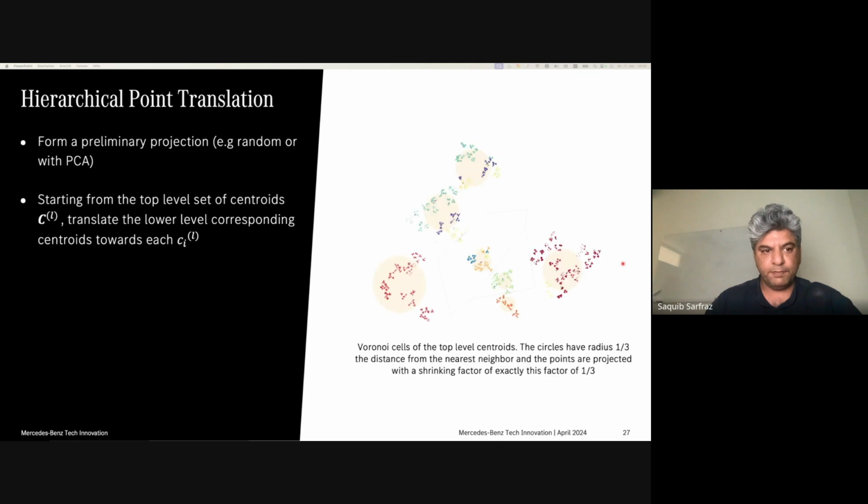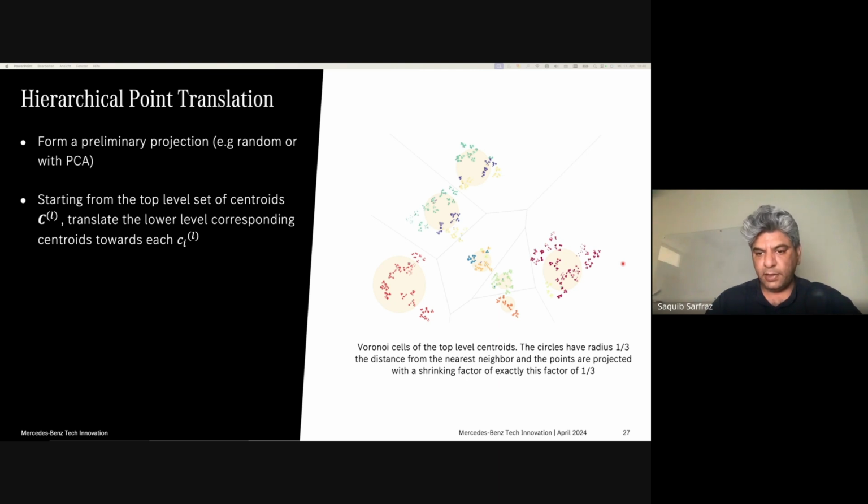Then the first step is to start at the top level of the tree and consider its projected centroids. These centroids form a Voronoi tessellation in the low dim space. An ideal way to place the lower level projected centroids would be to select, for each centroid at level L, the centroids of level L minus 1 that correspond to it, and then translate them so that they are centered around the current chosen centroid.